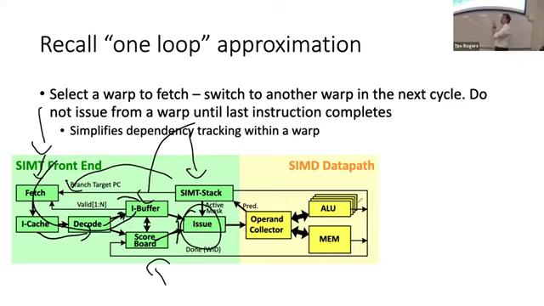Now, we do have to worry about write after write hazards, so there is some buffering and ordering that we need to deal with. But structural hazards, the compiler can't actually know. So think about it. If I have one tensor core on my SM, and I have 8 warps, and one warp issues into the tensor core, the compiler doesn't know that that tensor core is going to be used by this warp when I want to issue this tensor core instruction.